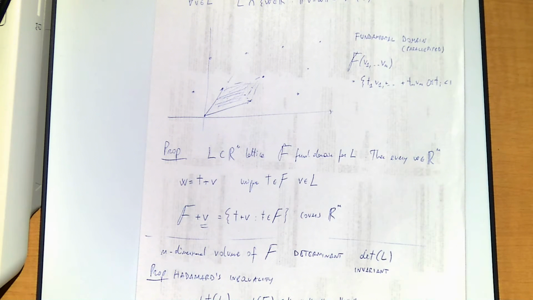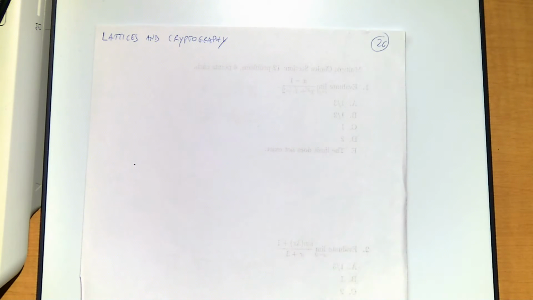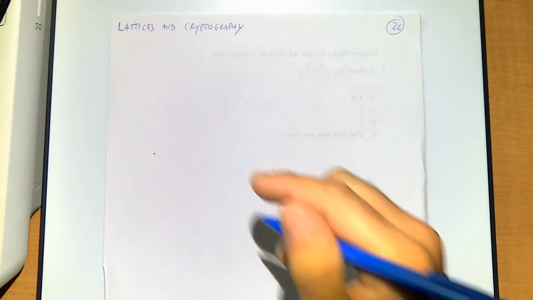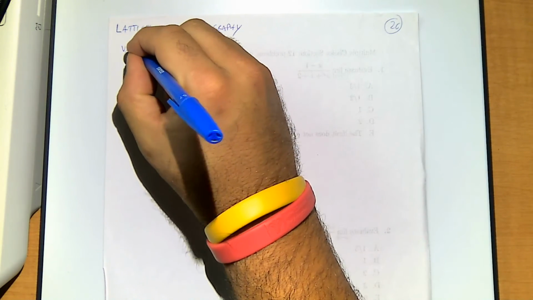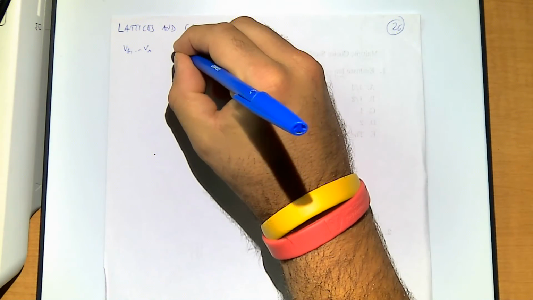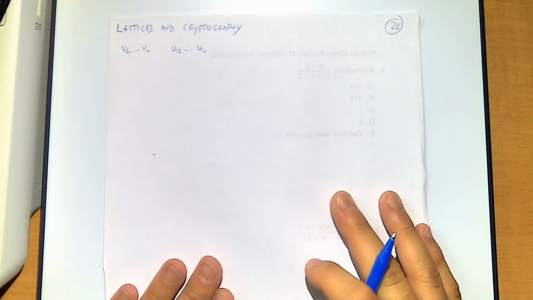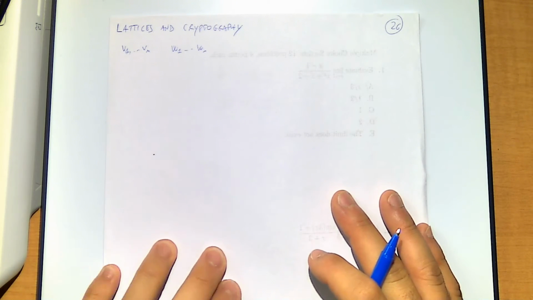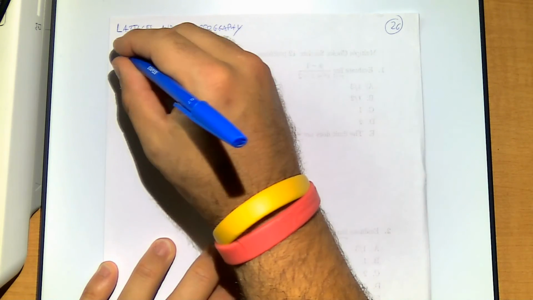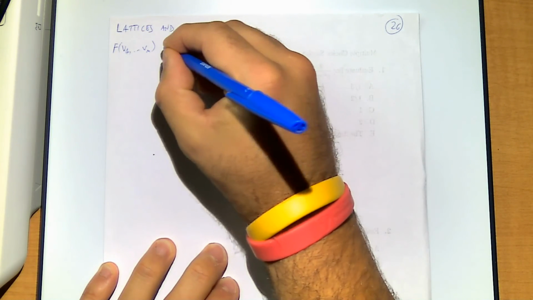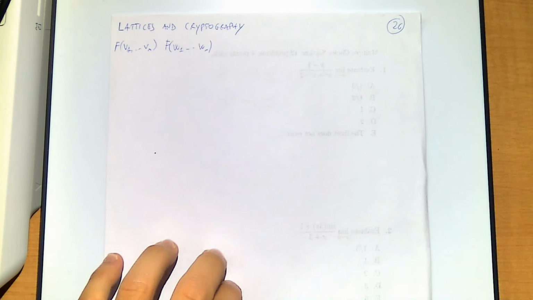In fact, if you want, we can go through it. If you're not convinced, suppose you have two different bases, V1 to Vn and W1 to Wn. You write down the associated matrices like we did before, expressing them as rows of the matrix.